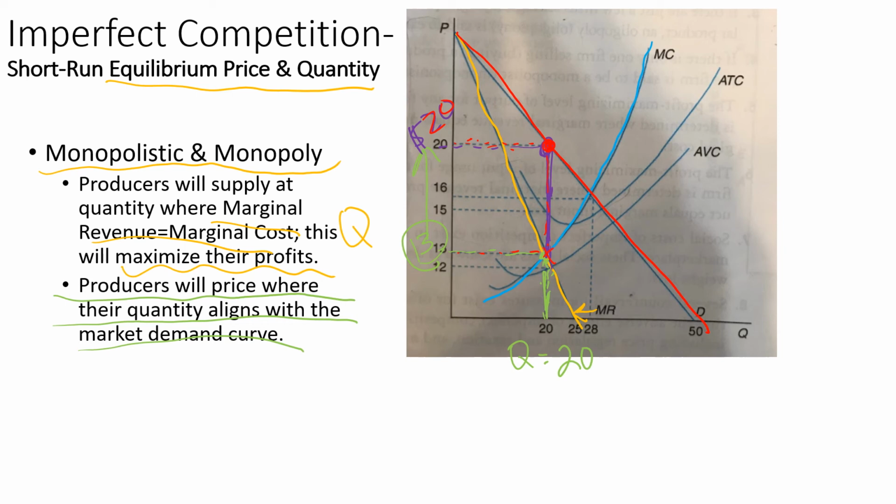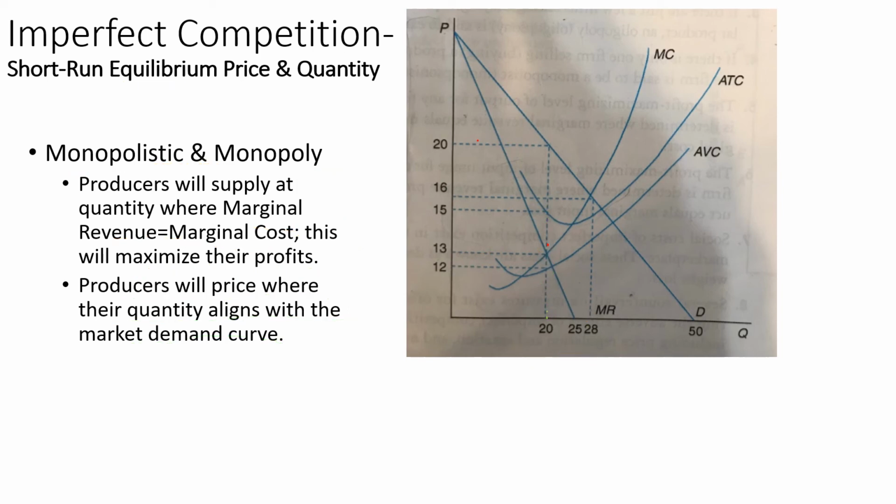Okay, I'm going to erase this quick, and actually I'm going to go through the questions exactly in the book for number 1. Let me turn to that page quick. Okay, so letter A says, what price is charged by the monopolist in order to maximize profits?